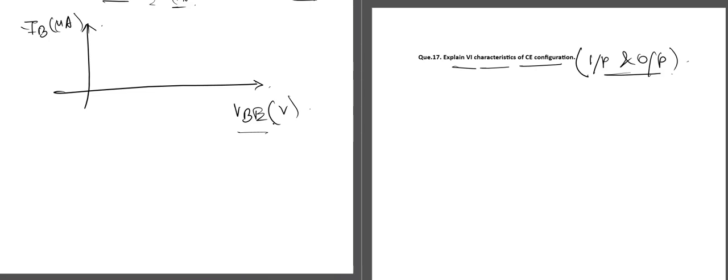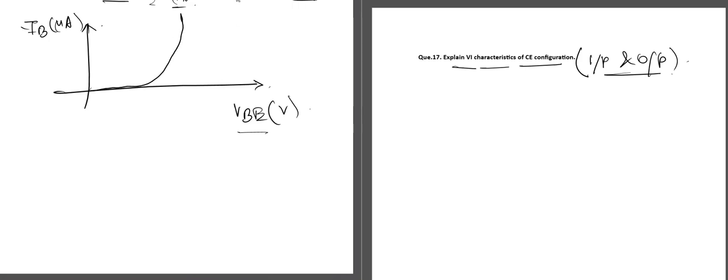So as more electrons go to the base terminal from the emitter terminal, the rate of recombination will increase. So as we are increasing the value of base emitter voltage, the base current will gradually increase, because the recombination current will gradually increase.